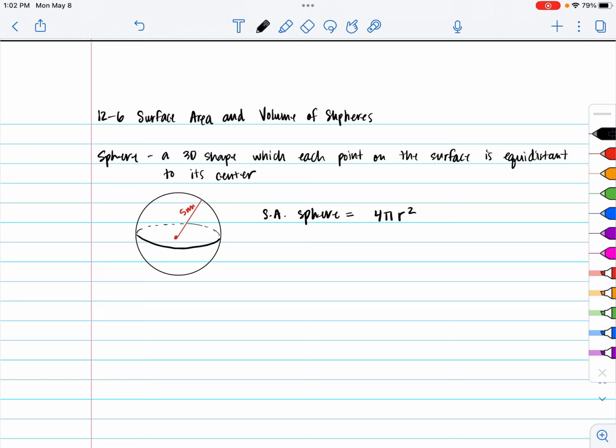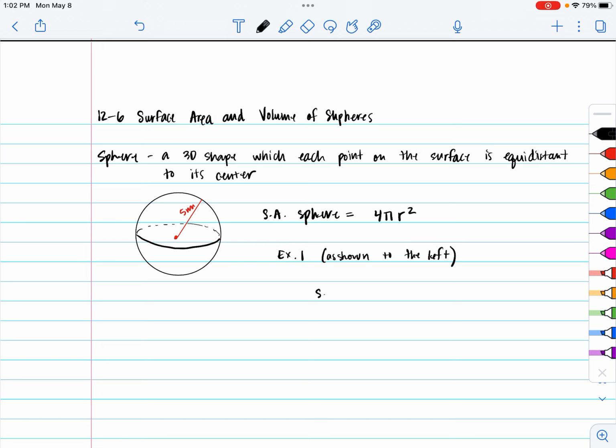Volume of a sphere. Well, let's actually do this real quick. Let's use this as an example. So we're going to do example 1, as shown to the left. So we're going to use that as an example.